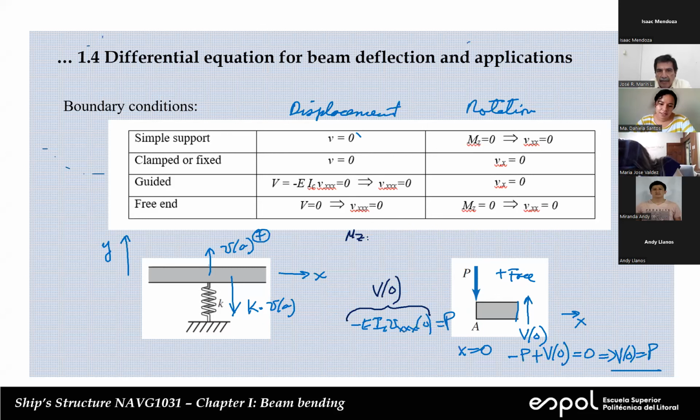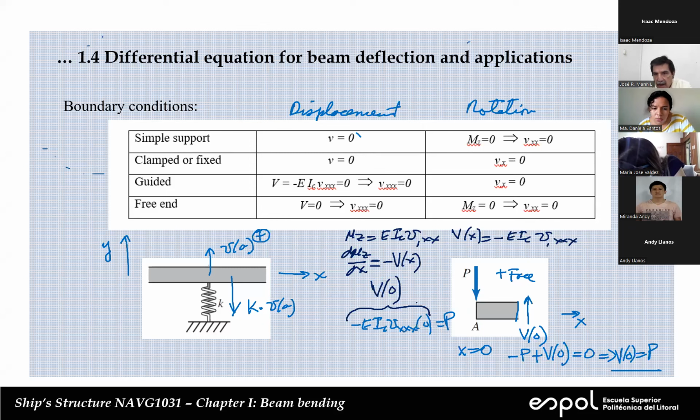We said that Mz is equal to EI V comma XX. Okay, and also we said that dM/dx is equal to what? It's minus V of X. That's why we can say that V of X is equal to minus EI V comma 1, 2, 3. So what I'm saying is that the V at 0 is equal to P, but V at 0 is equal to minus all of this.